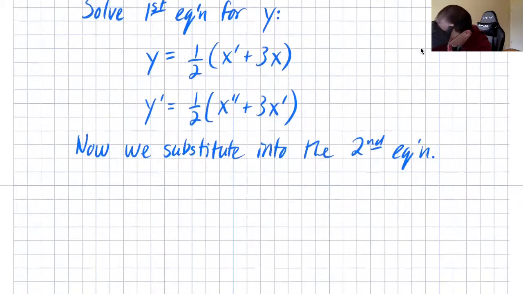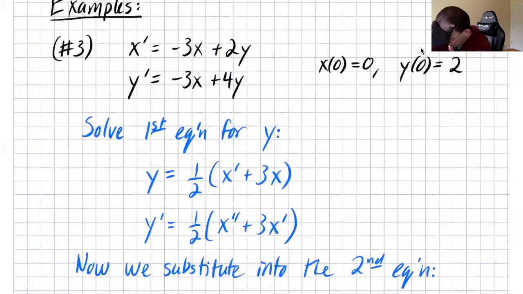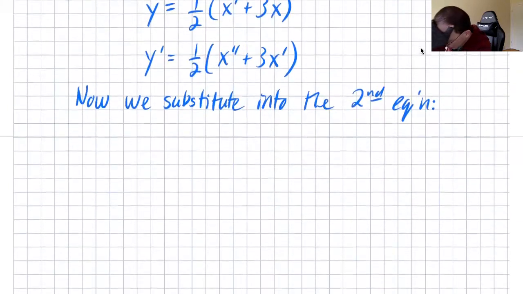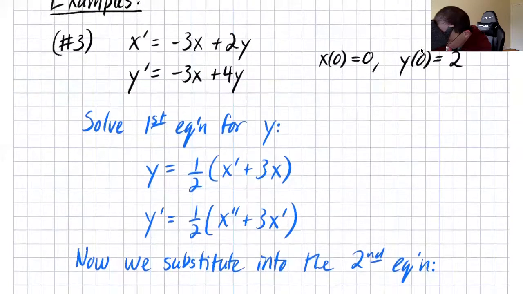Okay, and what do we get? So it's going to be y prime. So maybe I'll just write the second equation down again. y prime is equal to minus 3x plus 4y.